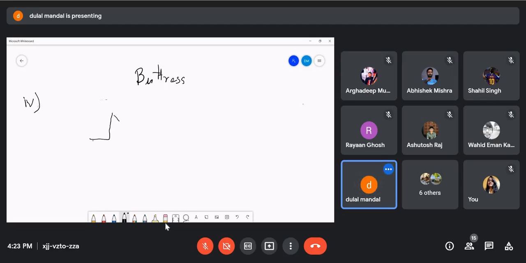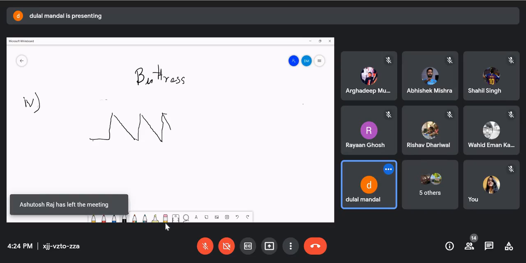This is 90 degree. This line is perpendicular.